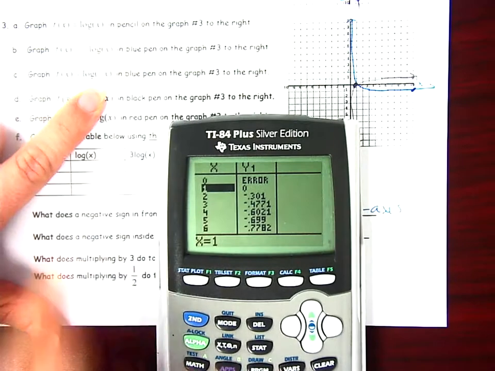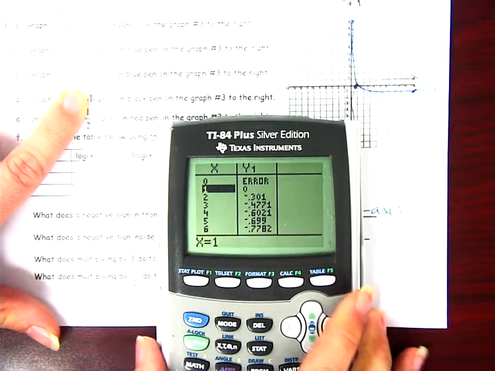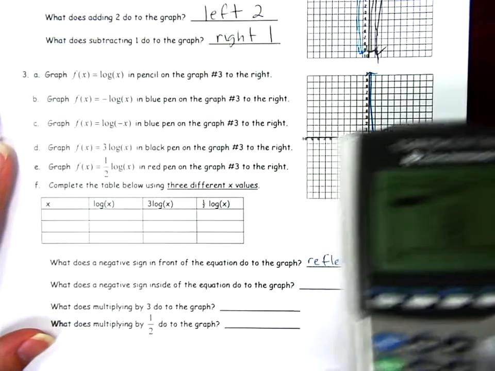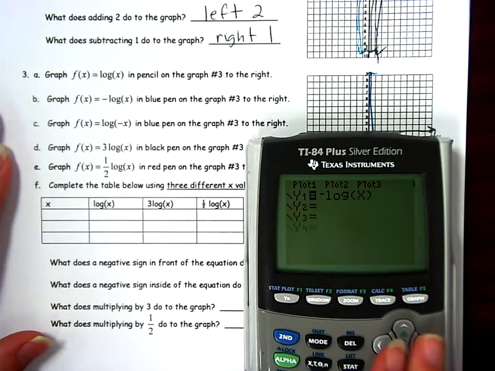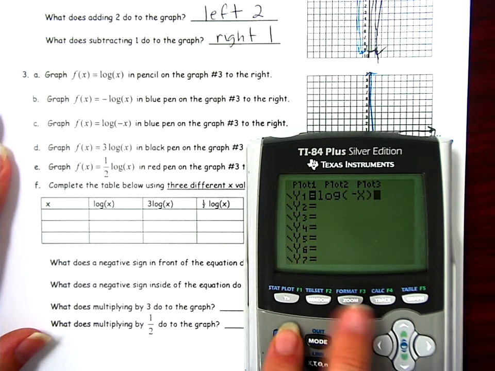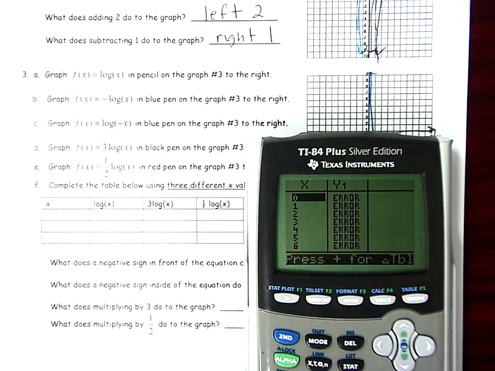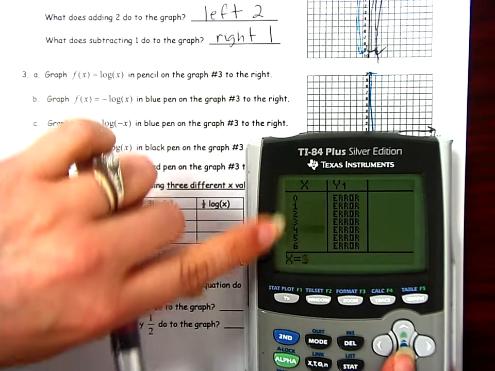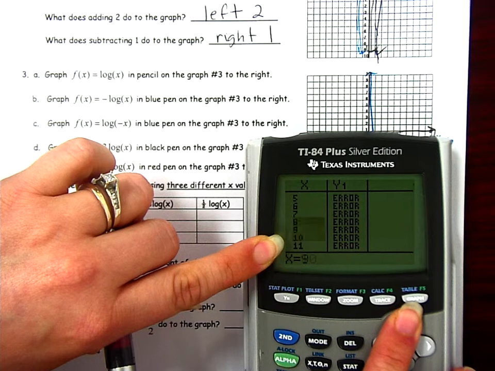If you look at C, it wants to see what happens if we put the negative inside. If you can't see it, there you go. So we're going to come back in. Now instead of having the negative there, we're going to come inside and have negative x. Now when we look at the graph, here we've got zeros, all of our errors are here.